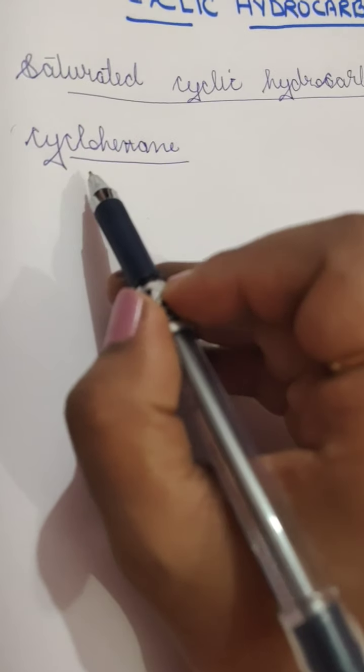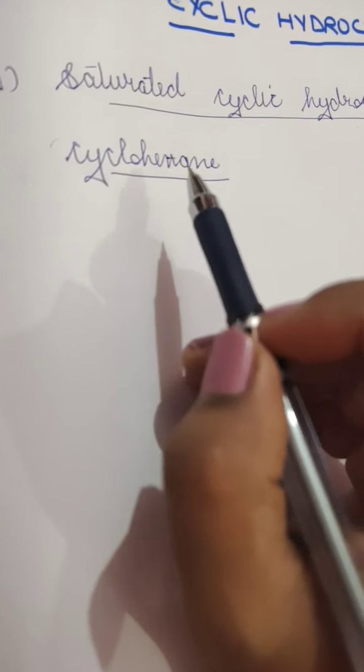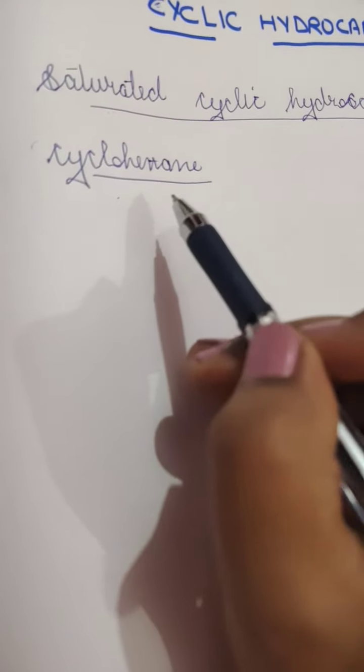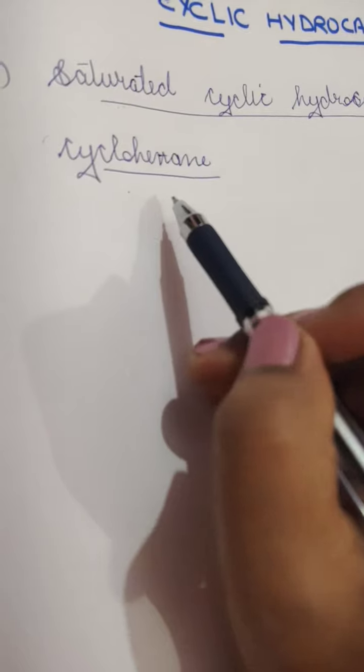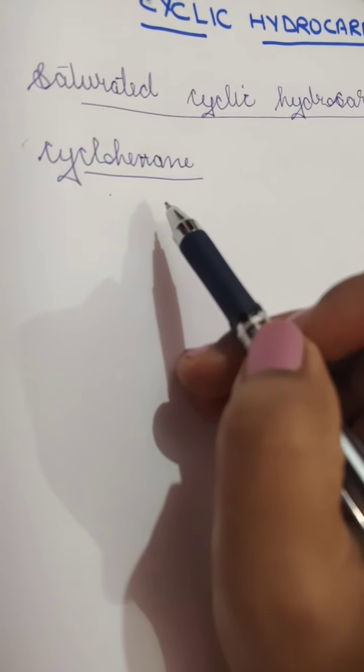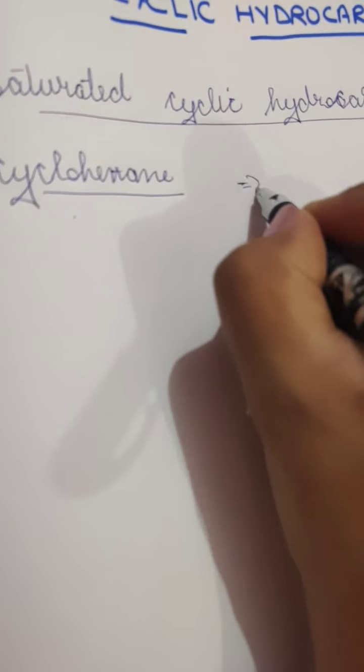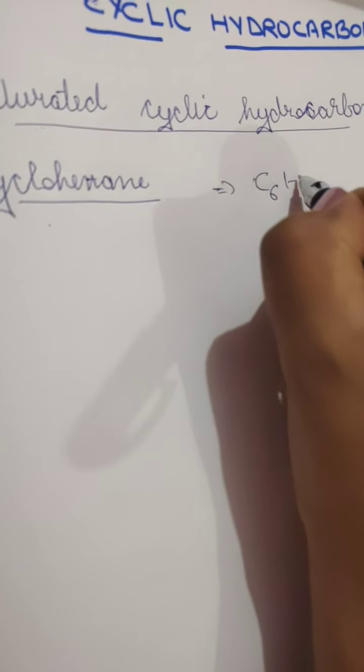So this cyclohexane is given in the book also. This is the main hydrocarbon, which is saturated. That means it does not have any double bond. It only has single bonds, and it will be in a ring-like structure. So cyclohexane has the formula C6H12.